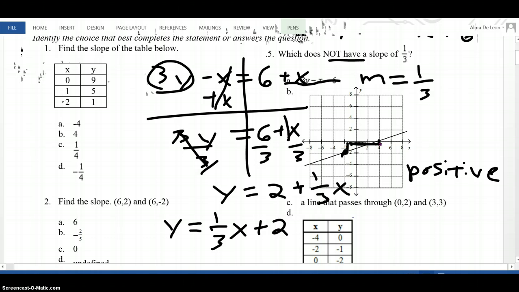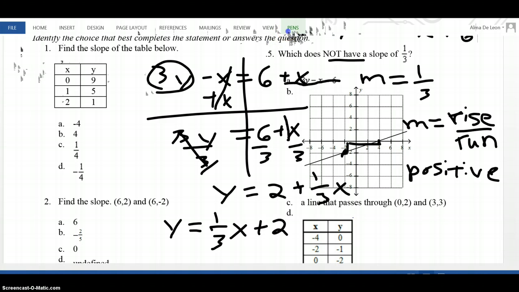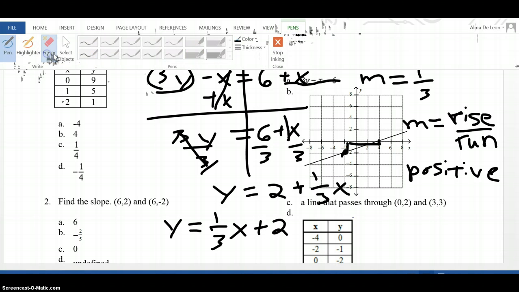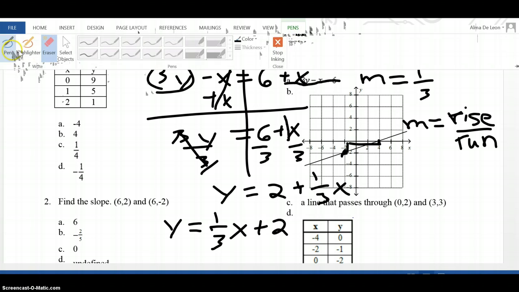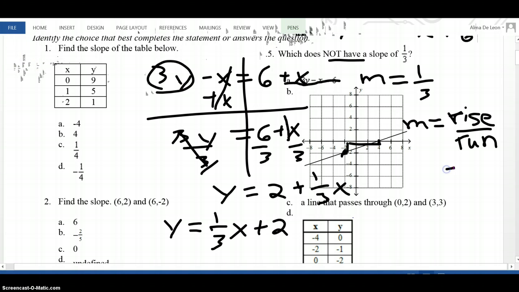Now remember, the slope from a graph is rise over run. And in this case, since I rose 1 and I ran 3, my slope happens to be 1/3. So B is also not my answer.